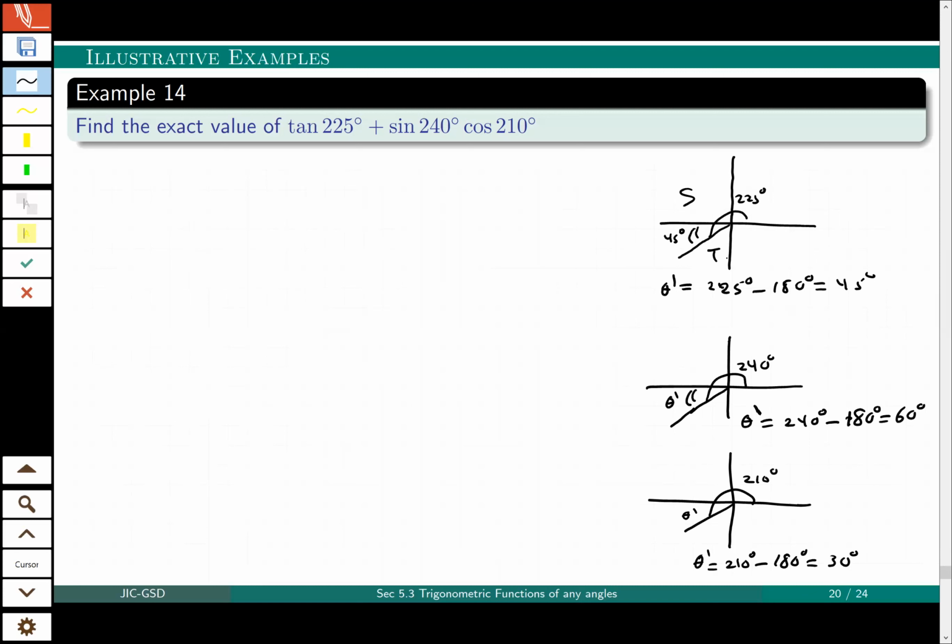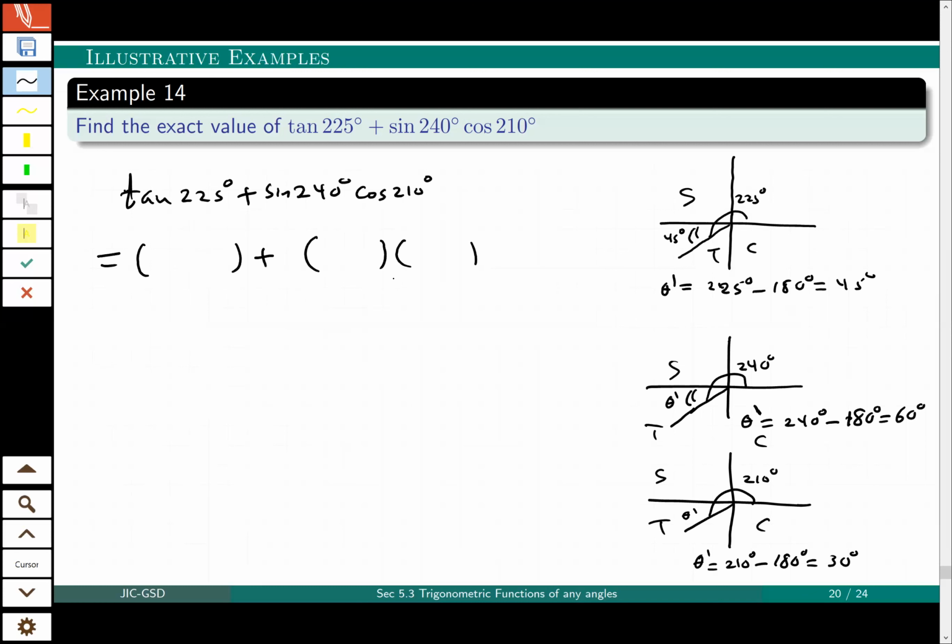So all of them, STC will say, if I have tan 225 plus sine 240 times cosine 210, that is equal to. Now, the first one, tan is positive in quadrant 3, tan 225 is the same as tan 45, because tan is positive.